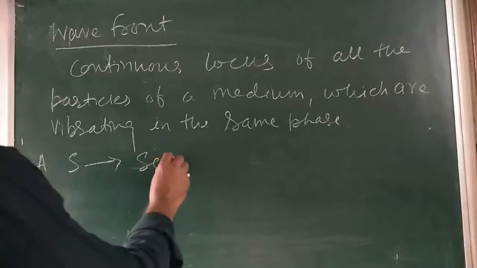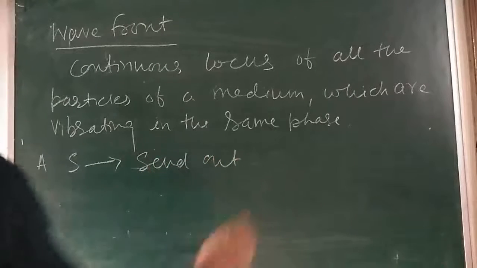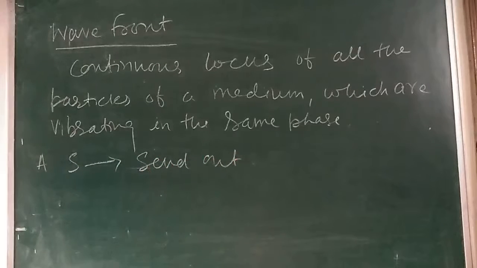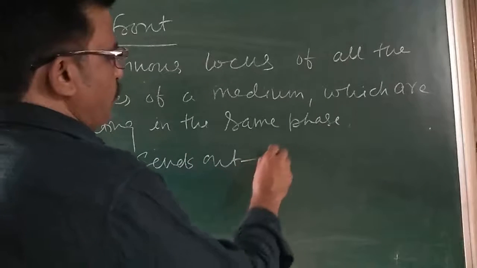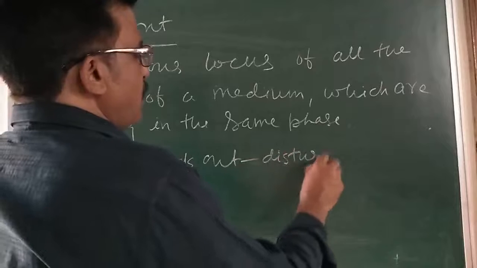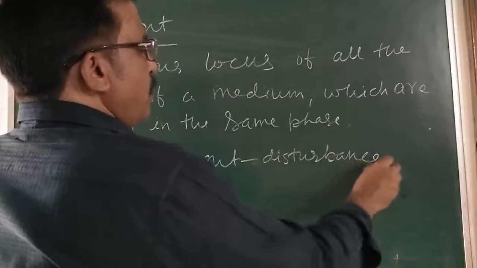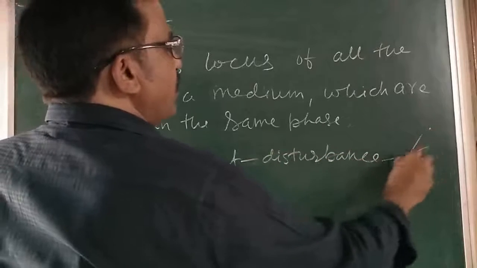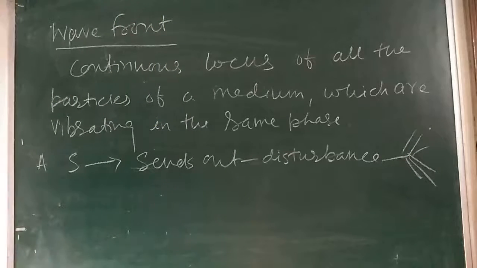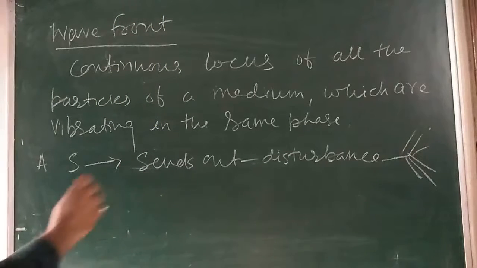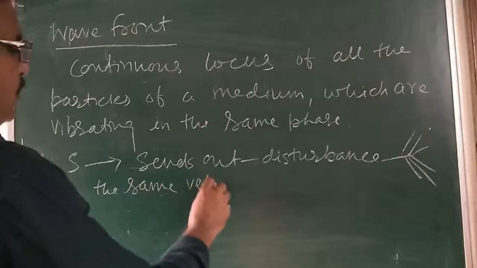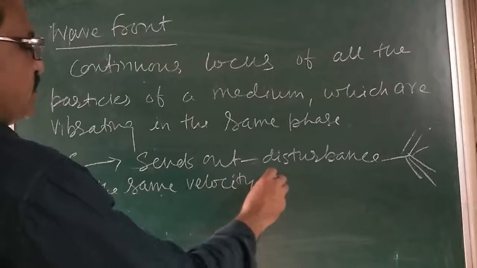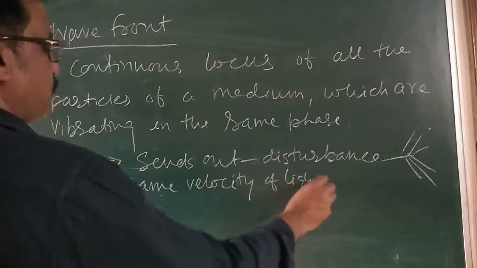A source of light sends out disturbance in all directions like this, everywhere, with the same velocity of light.